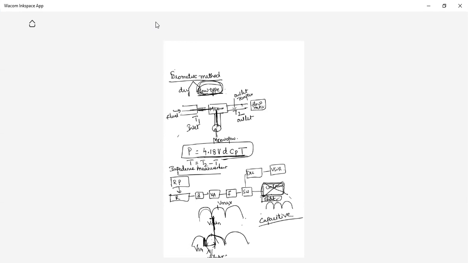Compare it with the previous V minimum. If the V minimum is now towards the left-hand side, it is inductive; if it is on the right-hand side, it is capacitive. Like that you can identify whether it is a capacitive or inductive load.